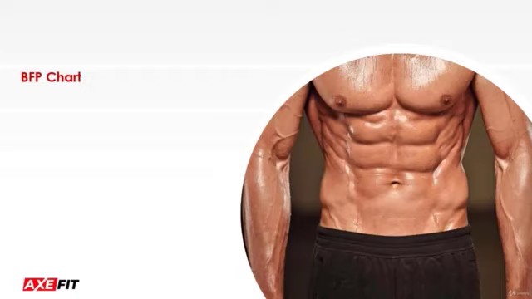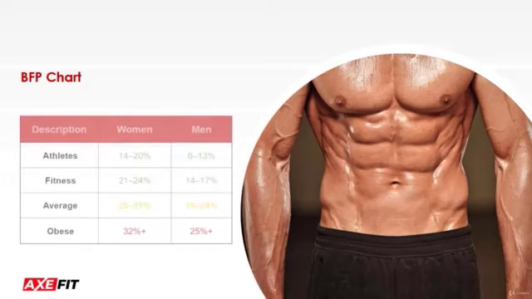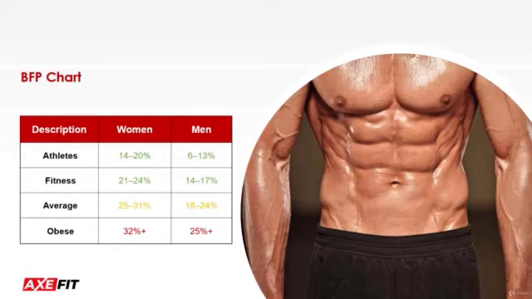So once you have calculated your BFP, it is important to understand what your BFP says about you. To understand what your BFP says about you, you need to understand this simplified BFP chart. Now if you see, there is a difference between men and women. So let's suppose someone has 14% body fat.